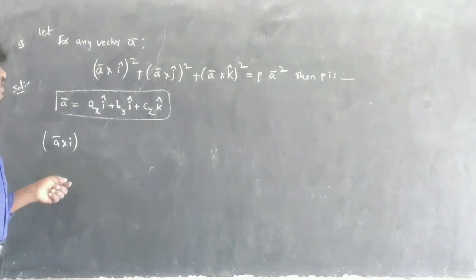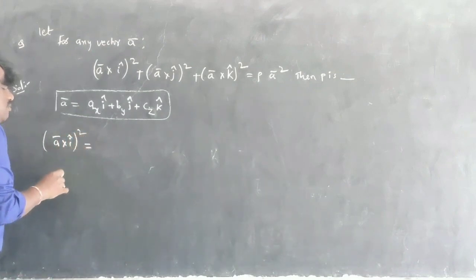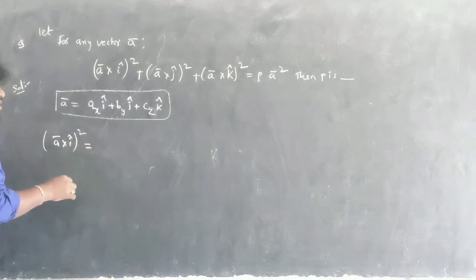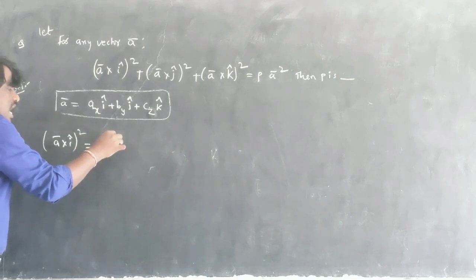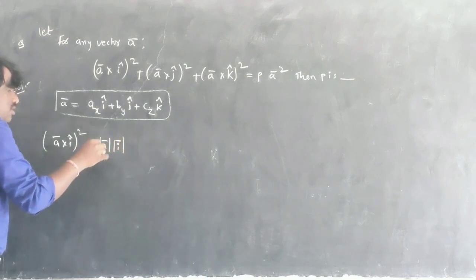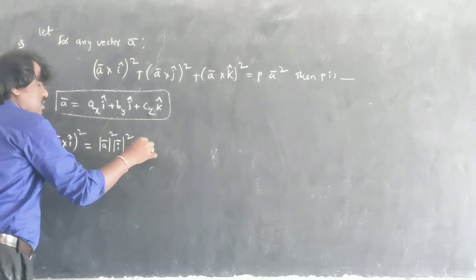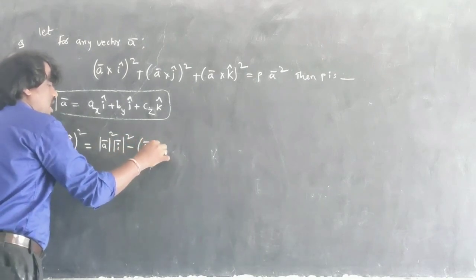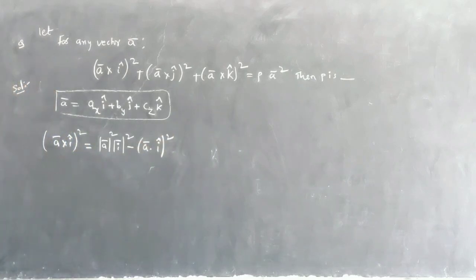So now what I have to write here: a vector cross i cap whole square is equal to, what I have the formula here, mod a vector square mod i vector square minus a vector dot i vector cap whole square.